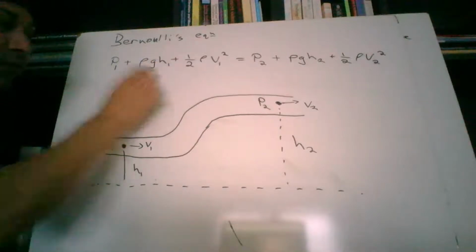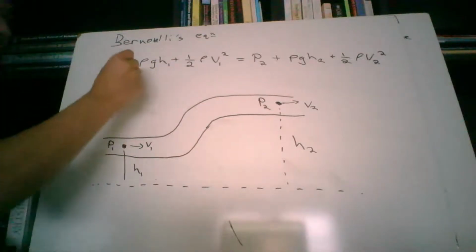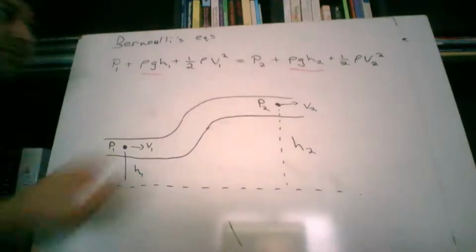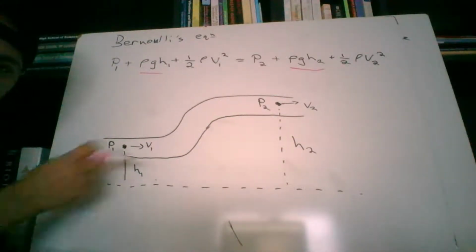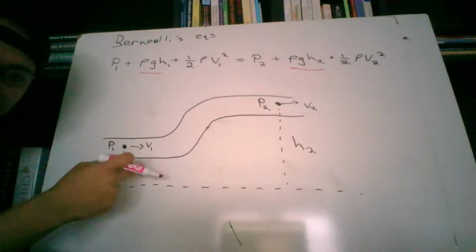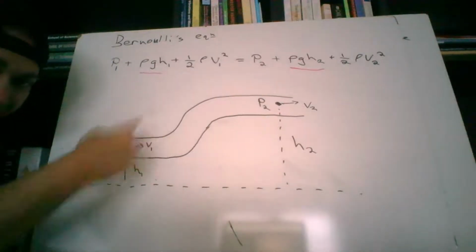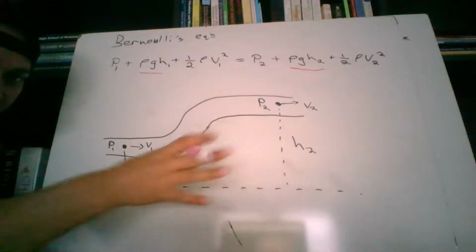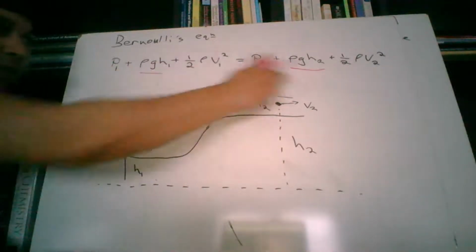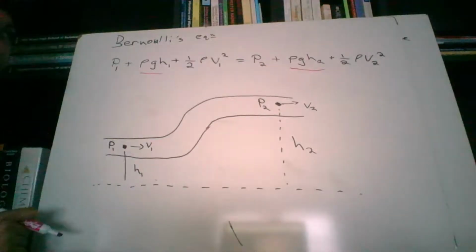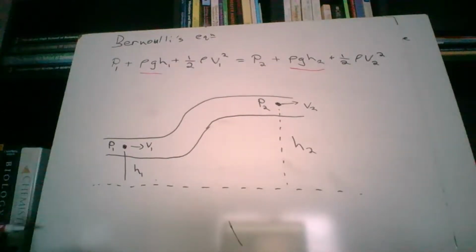If this term right here has changed, that means something else has to change too. Just like when we did area times velocity equals area times velocity, if the area decreases, the velocity increases for something else. It's the same thing over here. We're changing H1 to H2. And so what can change?